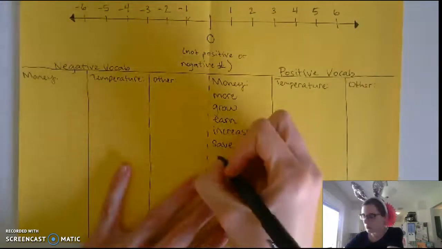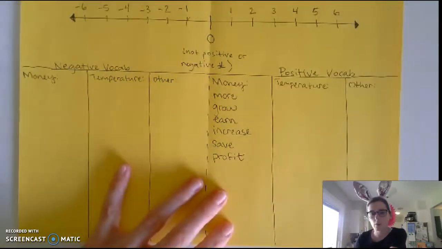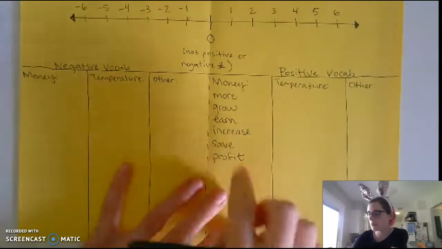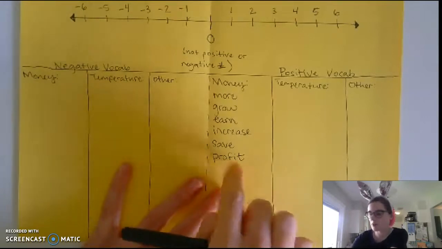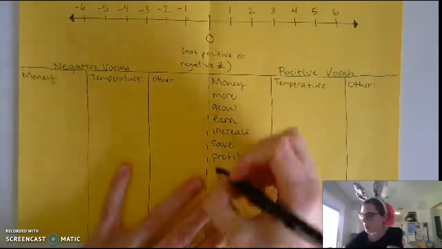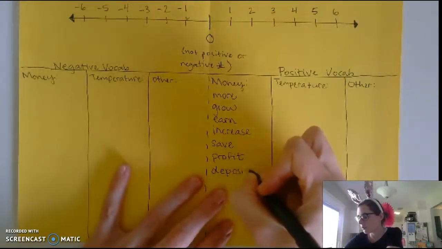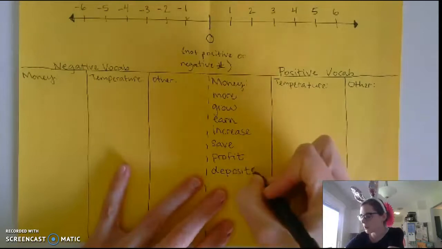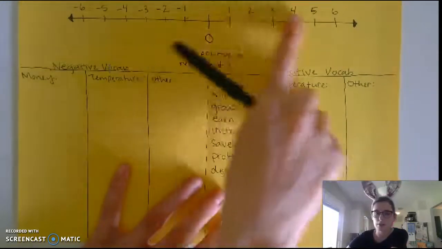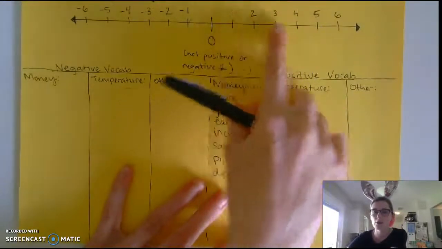We have profit also. If I'm a business and I want to earn money, I make a profit, and so that means I'm increasing my amount of money. I might also deposit money, which grows my money. If I deposit things into my bank accounts, just like we did at BizTown, you're growing it.